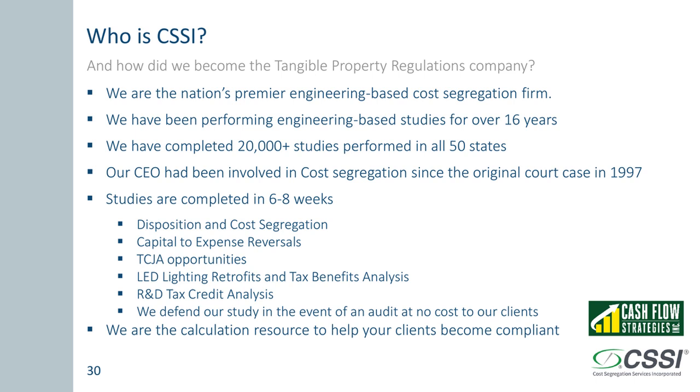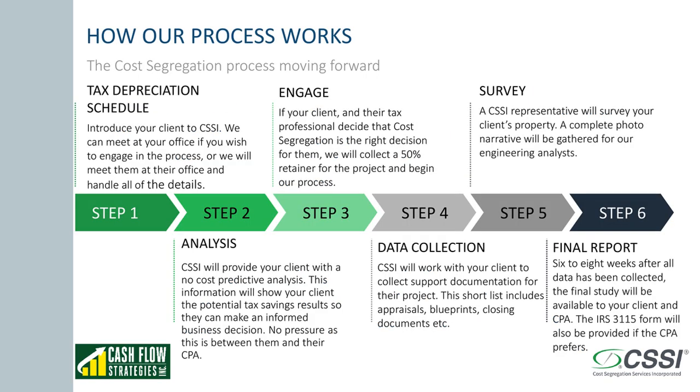We take advantage of the Tax Cuts and Jobs Act opportunities. We can handle the benefits of LED lighting if that's done, the low energy lighting. We can also do an analysis of R&D tax credits if necessary. We will defend our study in the event of an audit at no cost to our clients. We are the calculation resource to help your clients become compliant with all of these tax codes regarding depreciation.